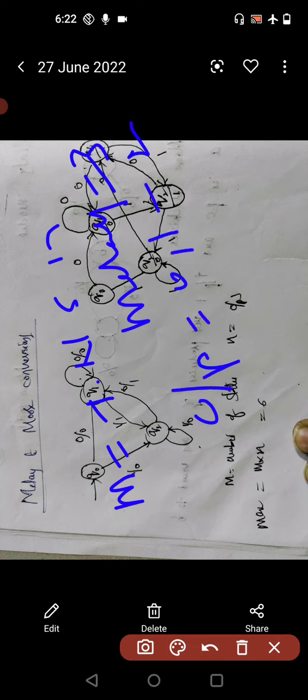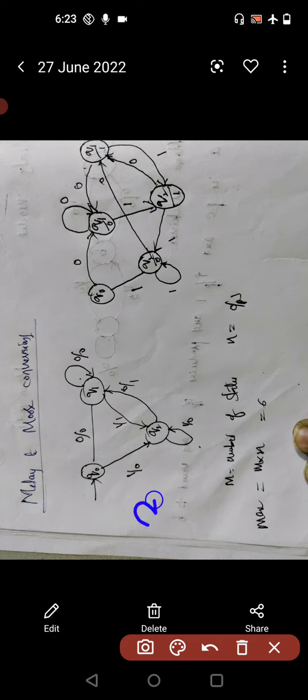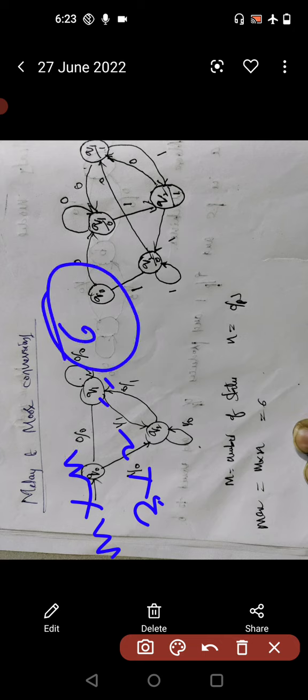So the total number of states in the MEALY machine is equal to m into n, that is equal to 6. So that means the maximum number of possible states using the MEALY machine conversion process is only up to 6. So this is the process of how we calculate the conversion from MEALY machine to MEALY machine.